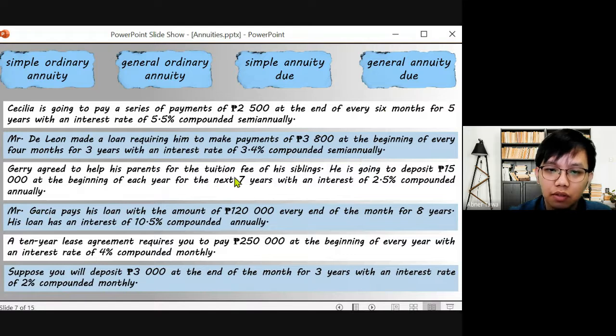It says here that the payment interval is each year and the interest period is compounded annually. Therefore, annually, that is same as every year. So pag parehas, it is simple. Nice try, Miss Jamila. So this third example is simple annuity due.